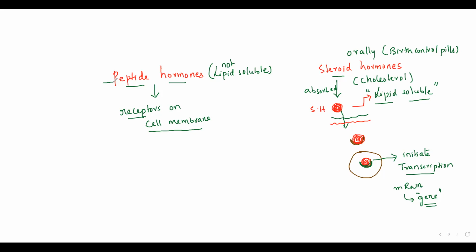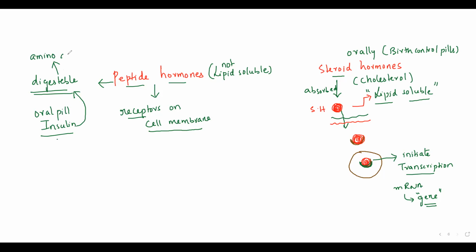But if you look at these peptide hormones, they are digestible, children. So if you take an oral pill of insulin, because insulin is also a peptide hormone, an example of a peptide hormone, insulin is going to be digested into amino acid form.